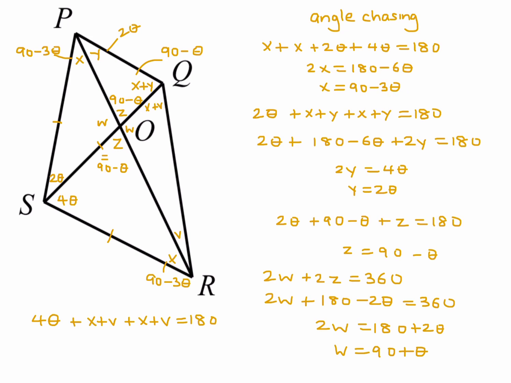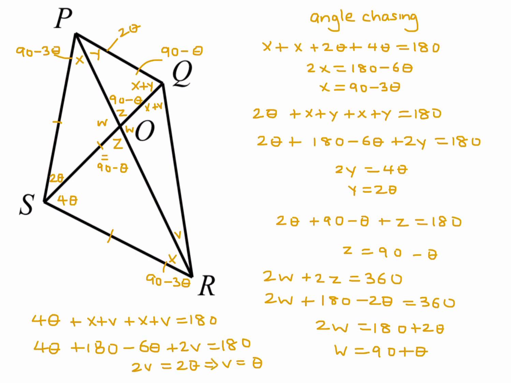So 90 minus 3 theta. So this is going to be 4 theta plus 2x, so that's going to be 180 minus 6 theta plus 2v is 180. So that looks like 2v is going to be equal to 2 theta, and therefore v is equal to theta. All right, that's a pretty good result.